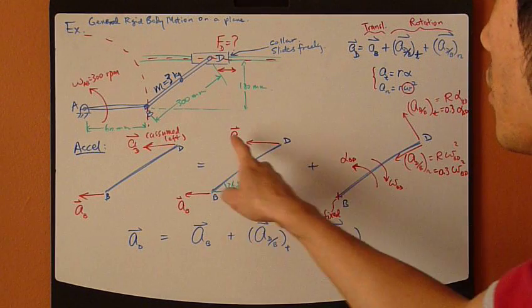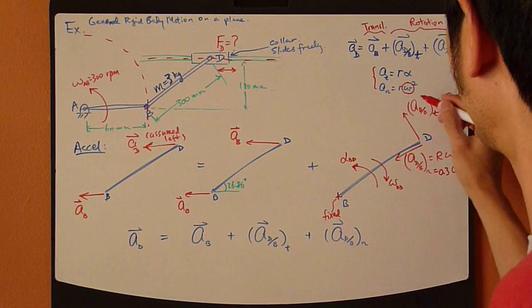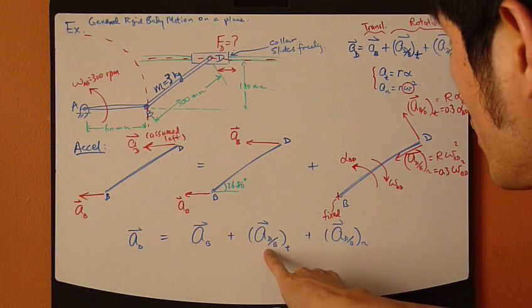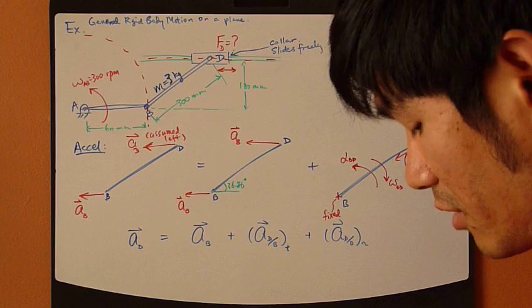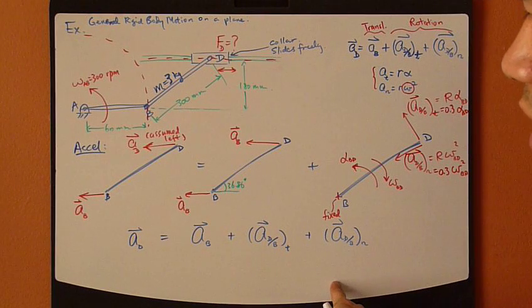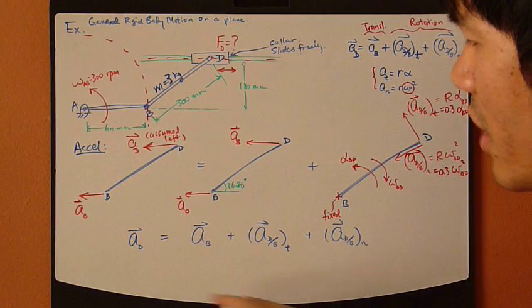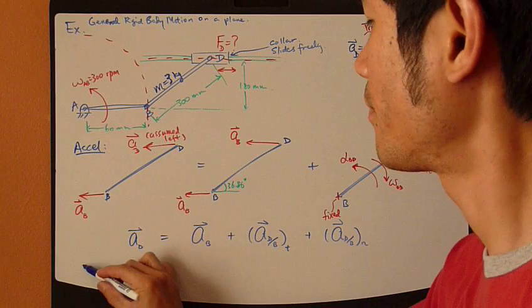AD equals AB plus these two. And keep in mind, these should be vectors. The vector tangent and vector normal component. And then you just proceed to expand it. Keep in mind they're all vectors, which means that there should be I and J components in there. So I can just build in I and J right away in the next step.